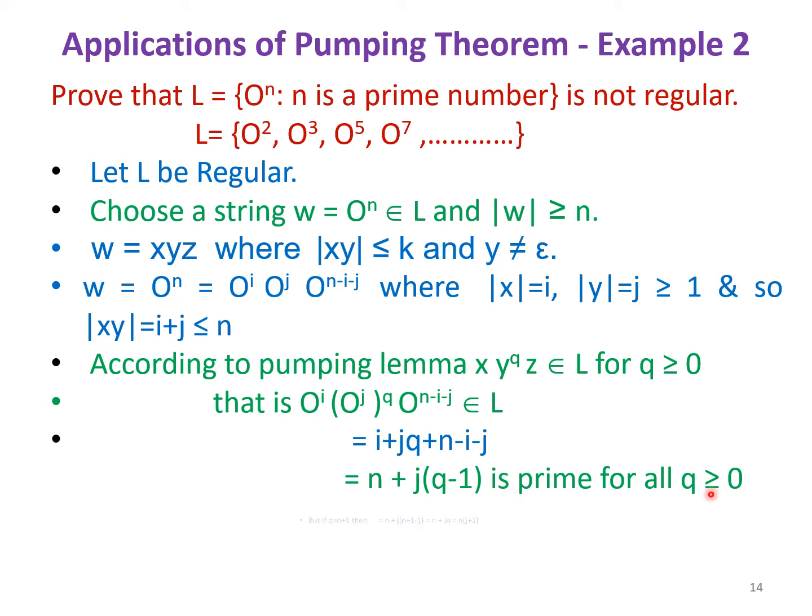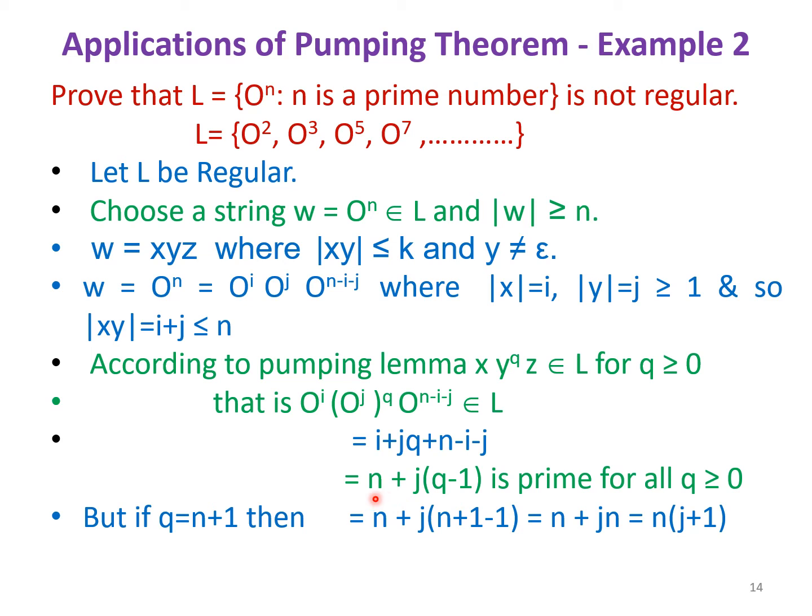But if I take q as n plus 1, then what happens? Let's see. n plus j, q is replaced as n plus 1, this minus 1 as it is. So plus 1 minus 1 get cancelled, we get n plus j n.